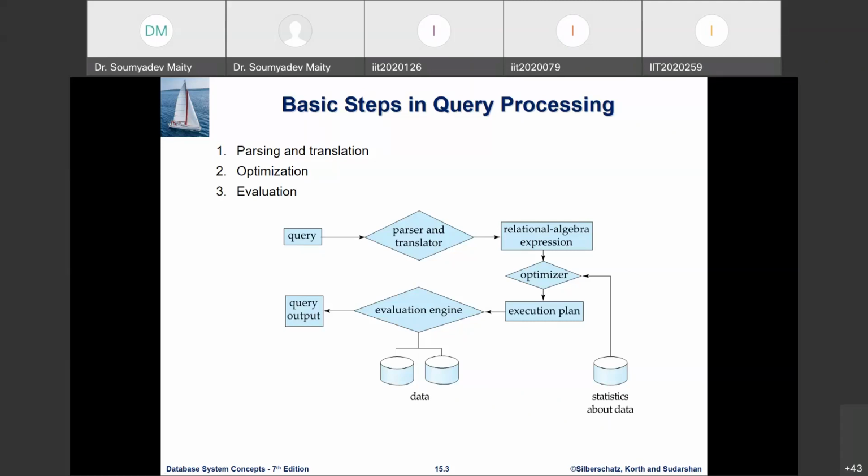And the output of the parser is in relational algebra expression: sigma, pi, these things which you have already learned in the relational algebra chapter. So the input is select from where, the output is sigma, pi, etc. in the relational algebra form.